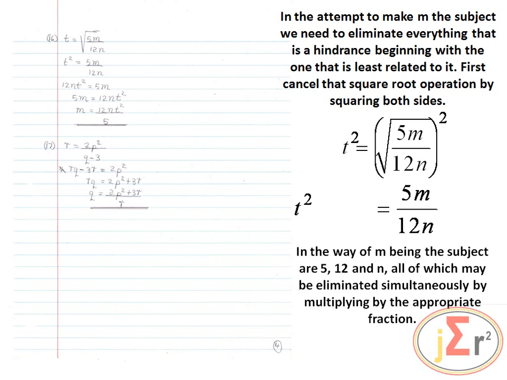Of course, you will just multiply by a fraction that has 12 and n in the numerator and one that has 5 in the denominator, so that the cancelling is possible. But you have to multiply by that fraction on the other side also. So you have 12 is gone, we find the 5 is out, and the n.